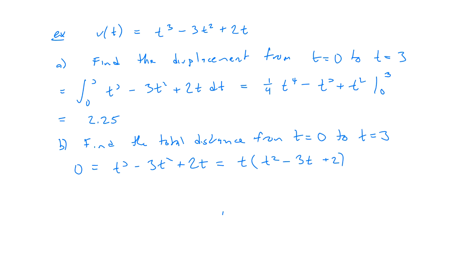This factors as that. And so therefore, as I was writing, I should remember that there is the lag with the chats. Sorry about that. So therefore, it's 0 at 0, 1, and 2, which means when I do the integral, I'm going to break it up at 0, 1, and 2. Obviously, I don't care about the 0 because we're starting at 0, but I will have to break it up at 1 and 2.